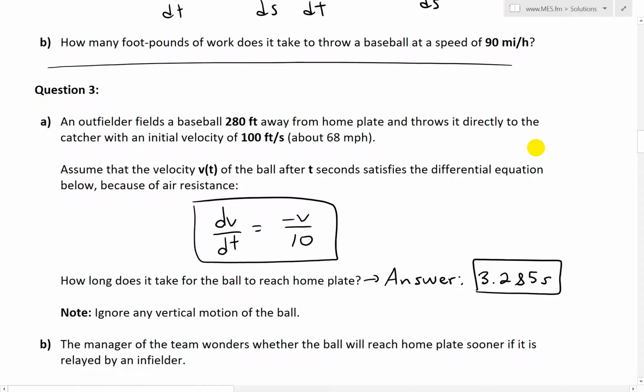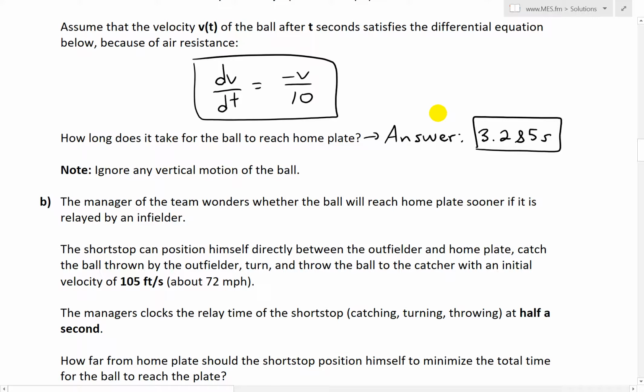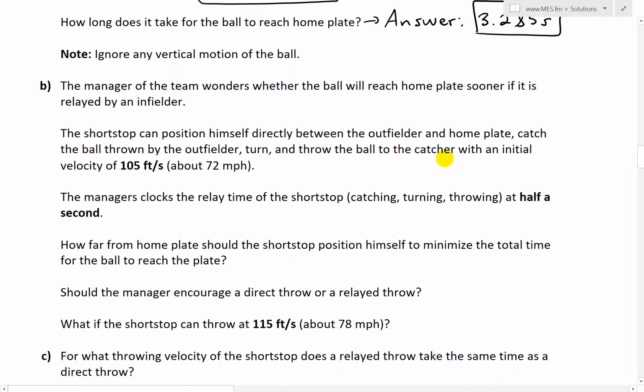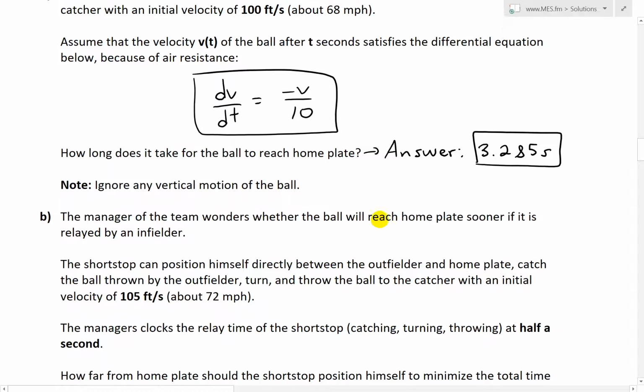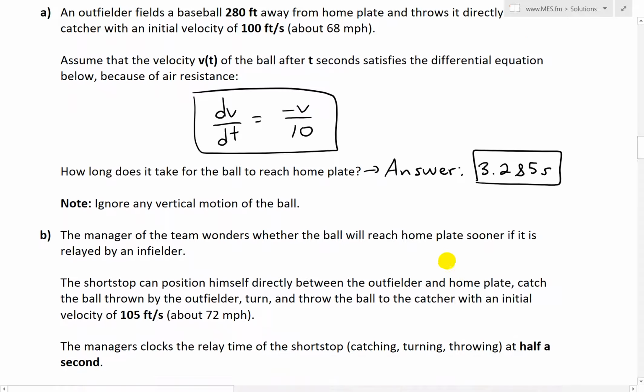Part A looked at an outfielder collecting the ball and then throwing it all the way directly to the back catcher, and how much time that takes.